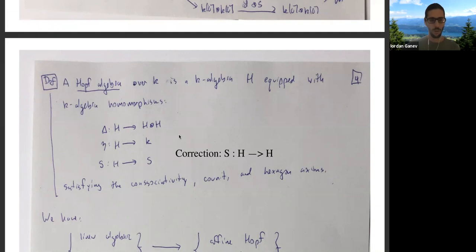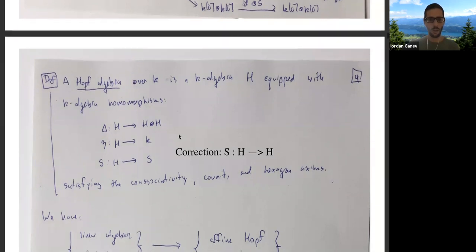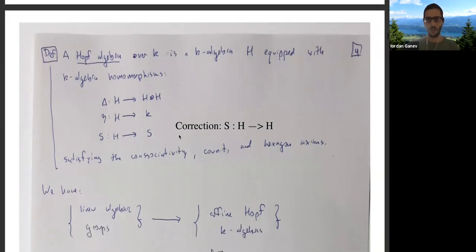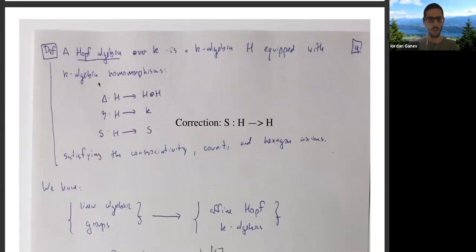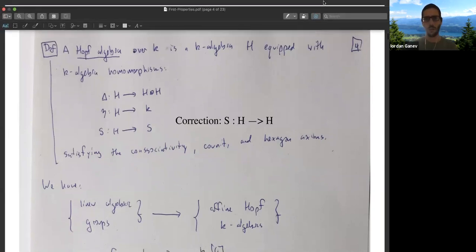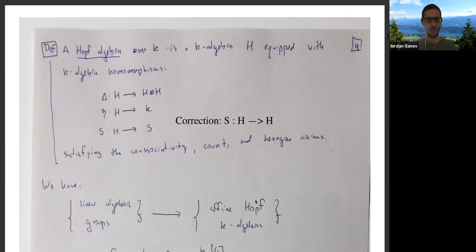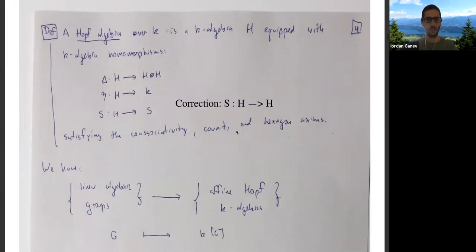Okay, so I guess it was Benjamin who pointed out that this definition is true for any K algebra, no assumption of finite generation. However, we'll be interested in the case where this K algebra is affine, in other words, finitely generated and reduced, no non-zero nilpotents.